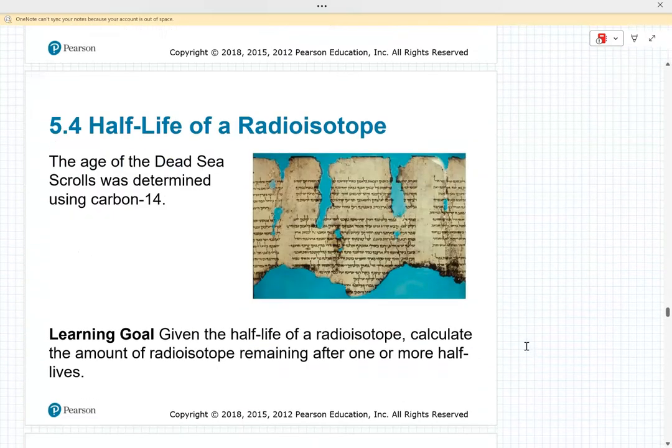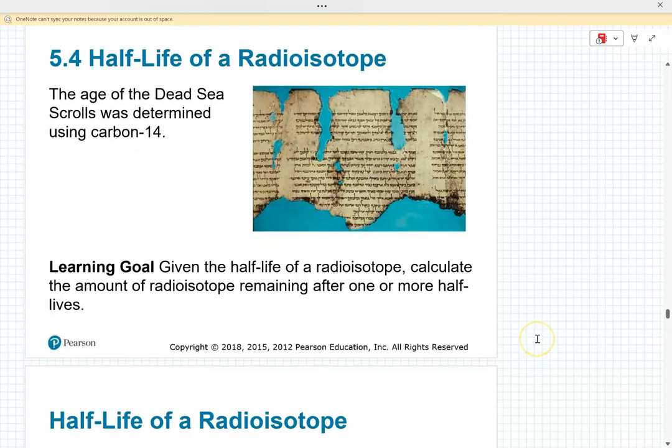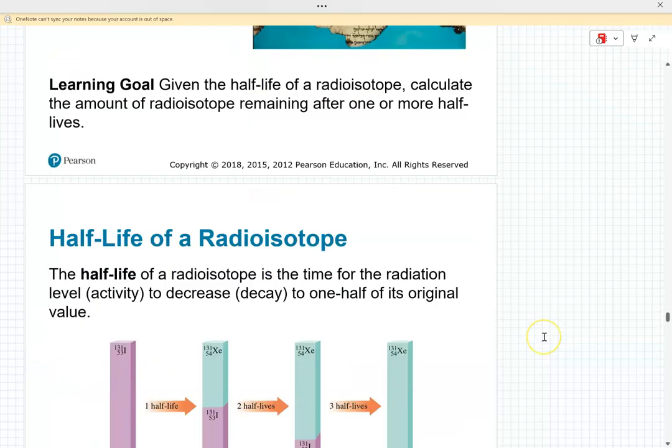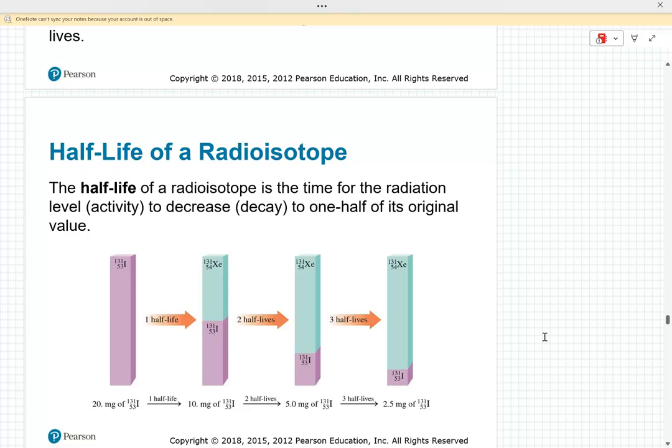Questions so far? Well, we're going to talk about half-life, which is a very important parameter for every radioactive isotope. Half-life is the amount of time it takes for half of a certain amount of isotope to decompose.